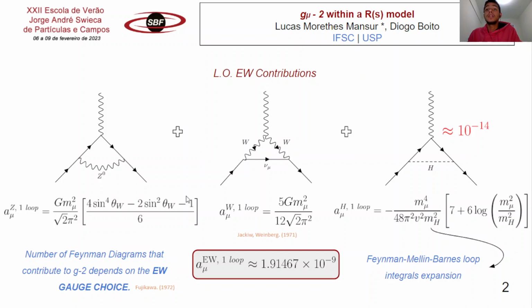Basically, using the Feynman-'t Hooft gauge choice for electroweak contributions, which is the gauge that makes it easiest to compute these diagrams, we have to add to the theory the contributions of ghost bosons. So we have to compute two more diagrams with ghost bosons and W bosons using the Feynman-'t Hooft gauge.